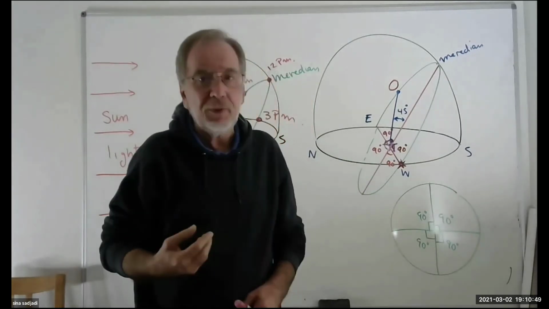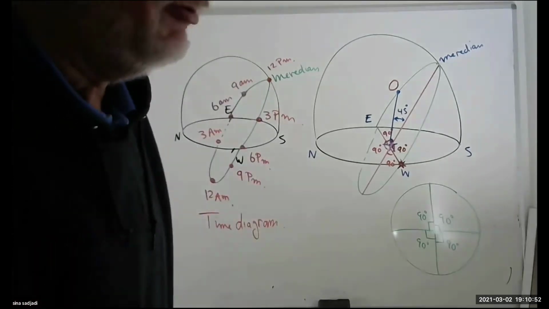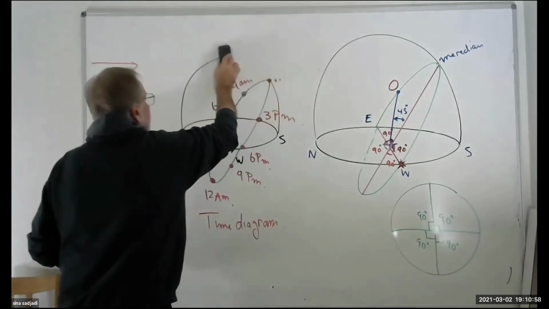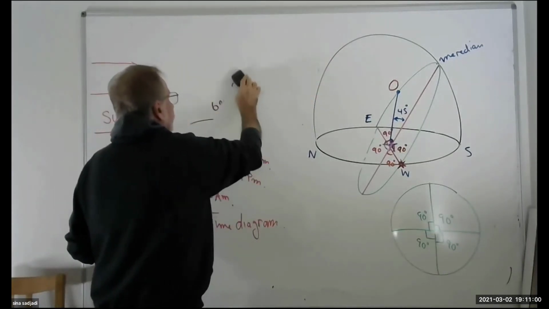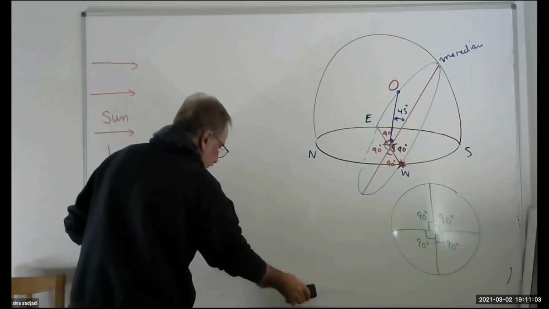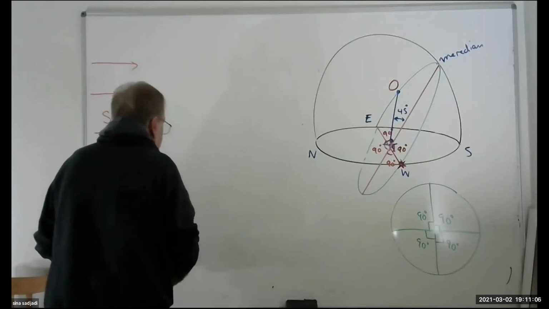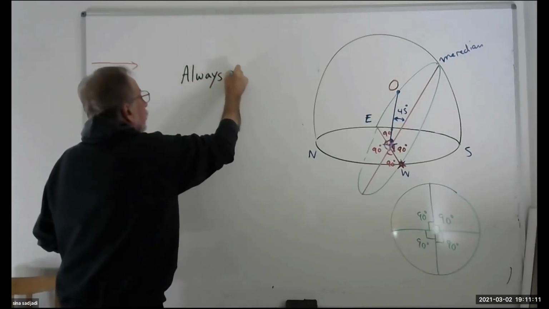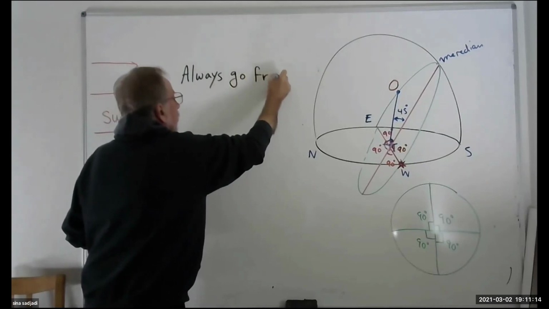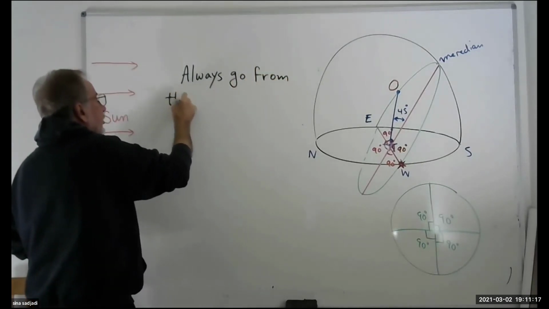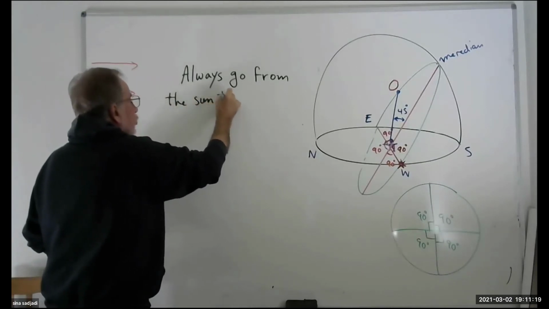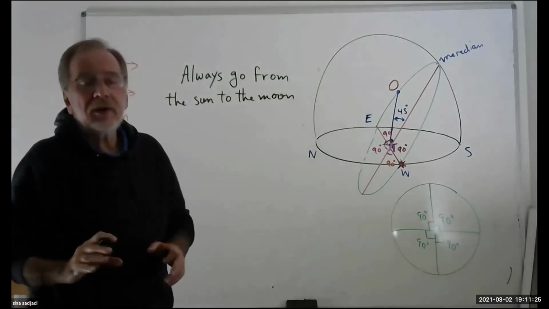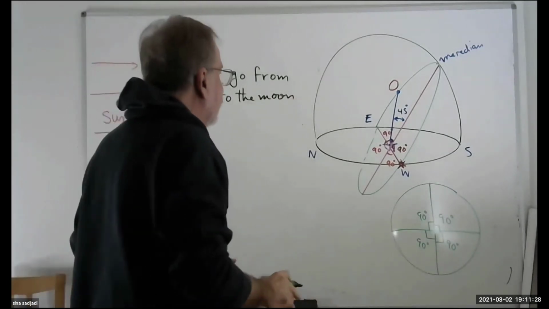So I'm going to give you a prescription on how to do the lab. I'll write it down, you read it and see what you think. This is the way you should do it so you can get all the angles correctly. Always go from the sun to the moon counterclockwise.